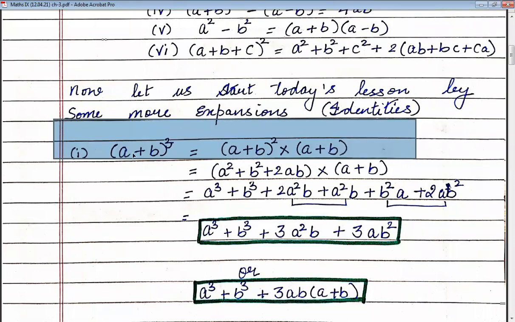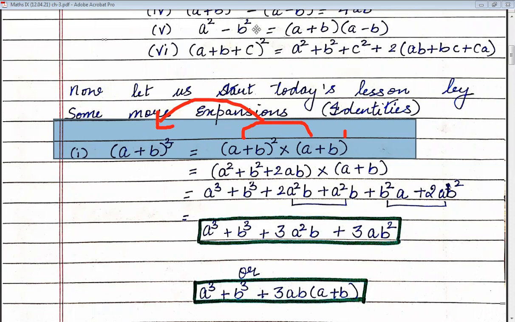Children, (a plus b) whole cube you can write as (a plus b) whole square multiplied by (a plus b). Now you have to multiply these two expressions. You know that the power is 1, so if you multiply these two, you will get (a plus b) whole cube. Let's expand these and see what we get.